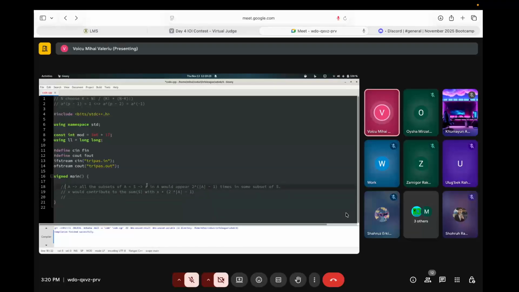But what happens when we take the subset sum of all the subset sums is that now we have 2 to the A elements, and X belongs to 2 to the A minus 1 of them. And we take the set of all the subsets. What happens?